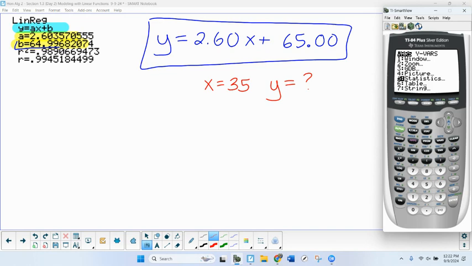Let me do it one more time. y equals, Vars, number 5, which is statistics, and then go over to EQ. The first thing you see is regression equation, not regular equation. Regression equation, and hit enter. Notice it pasted that entire regression equation right in.